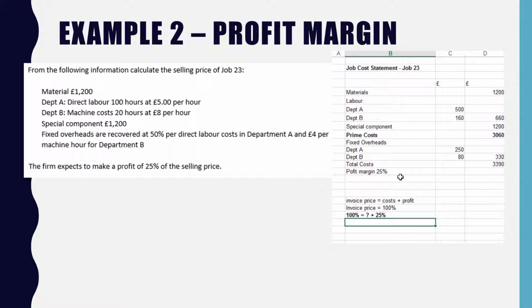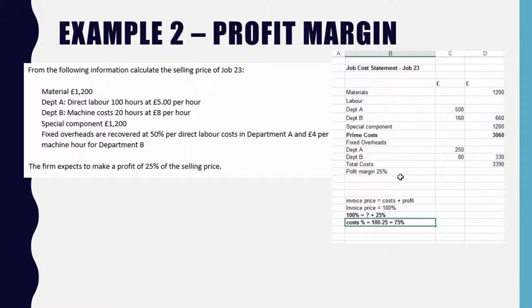Simply put, the cost percentage is 100 minus 25, which equals 75%. So the 3,390 is 75% of the invoice price.